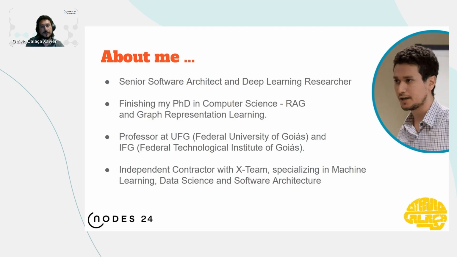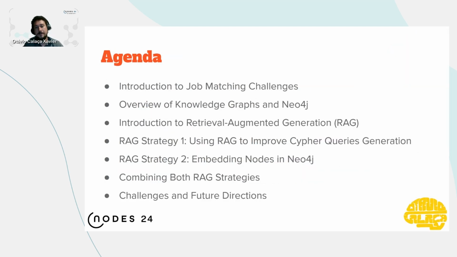So today we are going to talk about the ways we can use Neo4j, knowledge graphs, and RAG to improve the job matching challenges. The agenda is: first we will introduce the subject, job matching. Then we will talk a little about knowledge graphs and Neo4j. After that, we will introduce RAG, Retrieval-Augmented Generation.